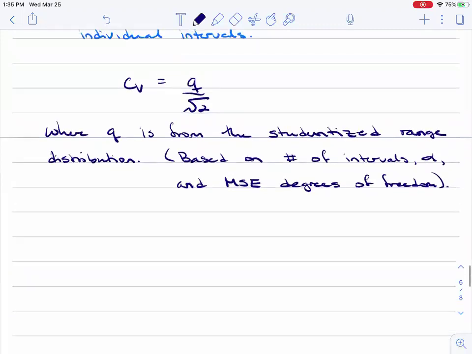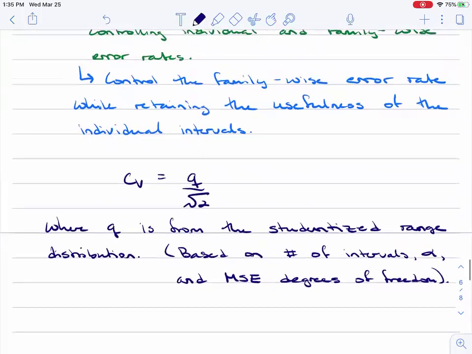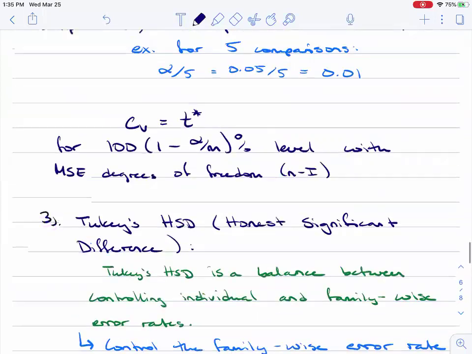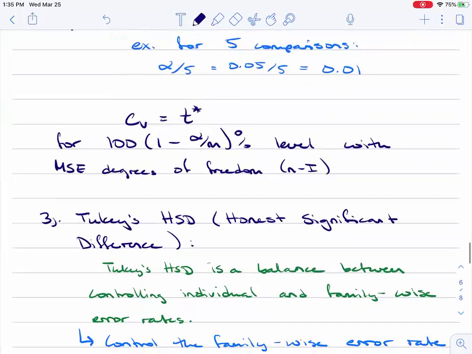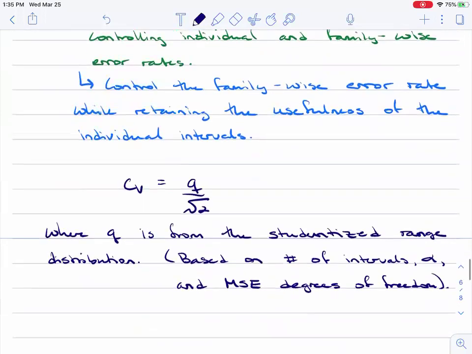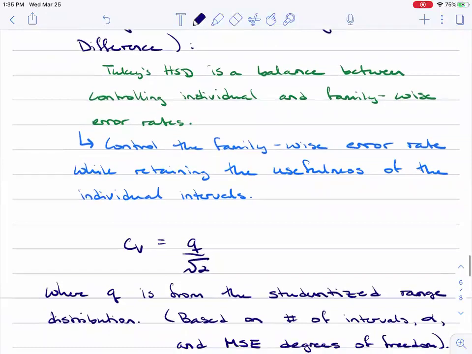Okay. So like I said, the only way that these things change is in the critical value, and Fisher's LSD and the Bonferroni adjustment both use T-stars, just different versions of it. And then Tukey's HSD is the only one that uses something else. Right?